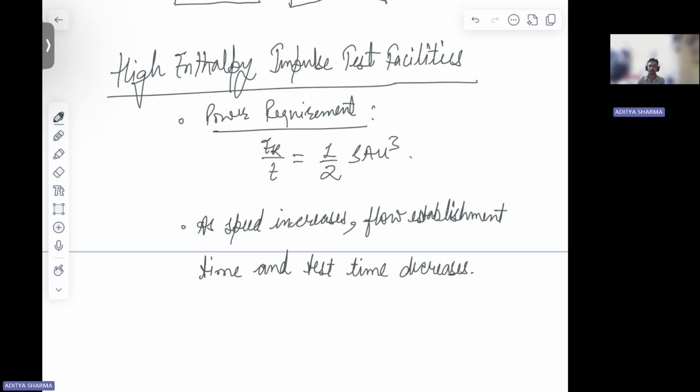As you increase the power and then increase the speed of the flow, the establishment time also decreases because your flow is moving too fast, and then the test time also decreases. Okay.